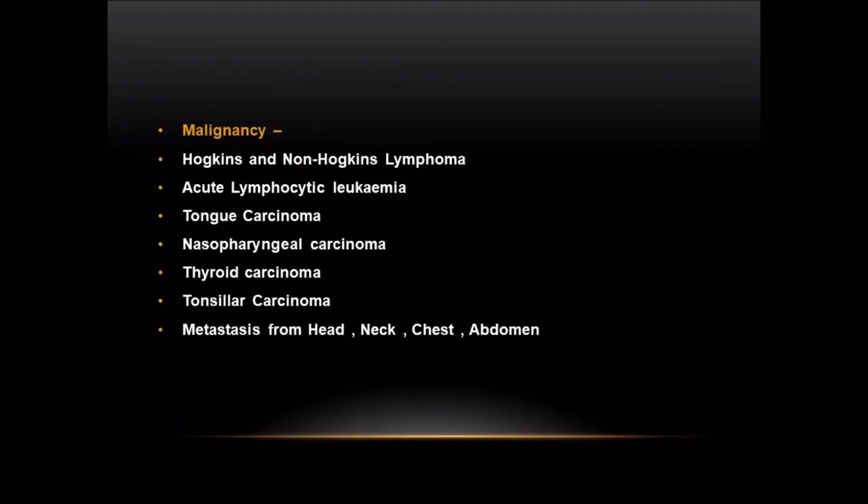As far as the malignancy is concerned, Hodgkin's and non-Hodgkin's lymphoma, as well as acute lymphocytic leukemia, contribute to the major part of the cervical lymphadenopathy. And the carcinomas which occur in the aerodigestive tract, such as carcinoma tongue, nasopharyngeal, thyroid, and tonsillar malignancy, as well as the metastasis from head, neck, chest, and abdomen, also contribute to cervical lymphadenopathy.